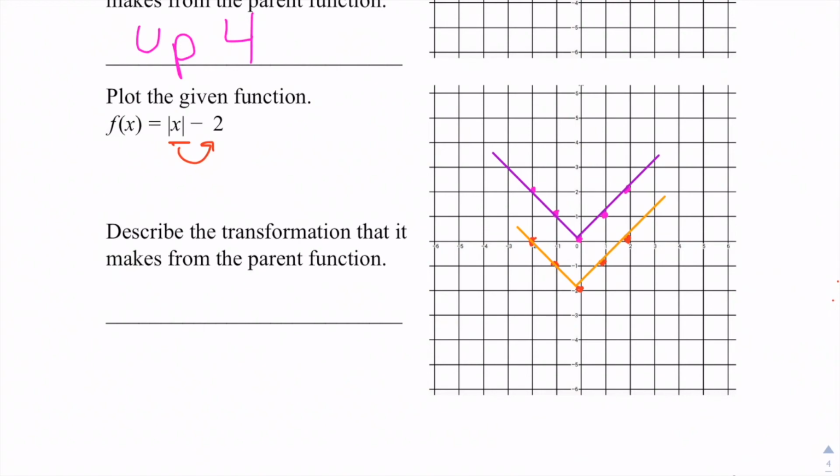I can see and describe that what happened with my parent function is that this negative 2 right here makes the graph of my function go down 2.